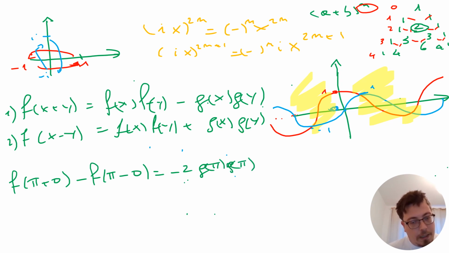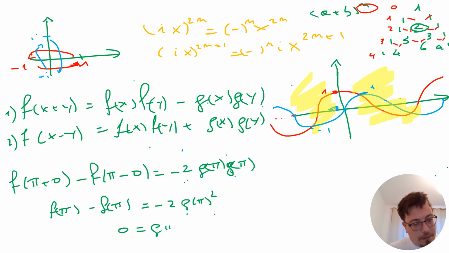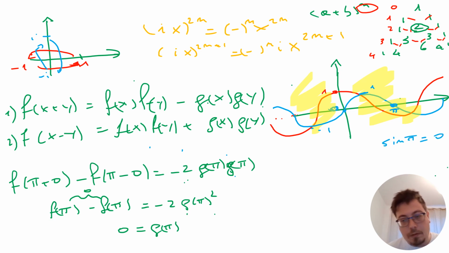Okay, and this tells us that f of pi minus f of pi, which is 0, is equal to minus 2 times g of pi squared, meaning that g of pi squared is equal to 0, because this is 0, and the only way to make a square 0 is to have the argument equal to 0, which is good because the function g in 0 is 0, but also in pi is 0, the same way as sine of pi is 0, which is good.